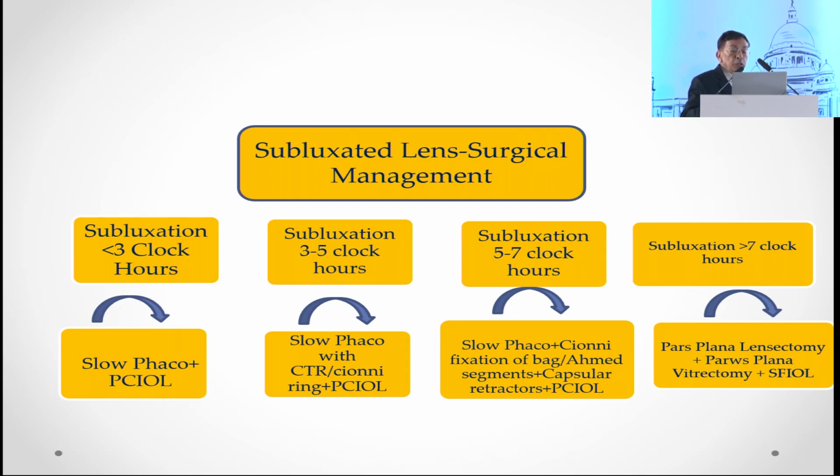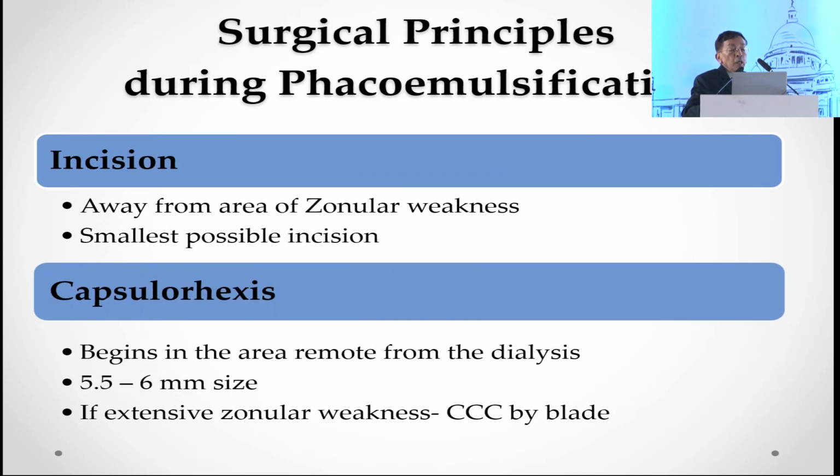So whether you want a CTR, no CTR, or to switch the CTR, or you have to go for glued IOL. The basic rule is the incision should be away from the area of zonular weakness, the smallest possible incision.